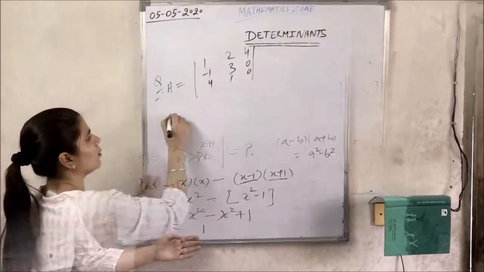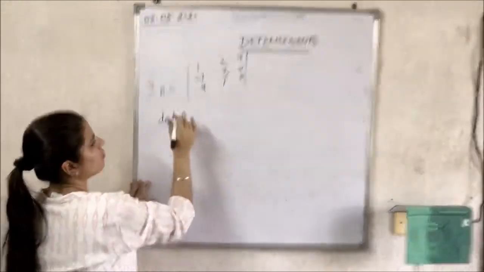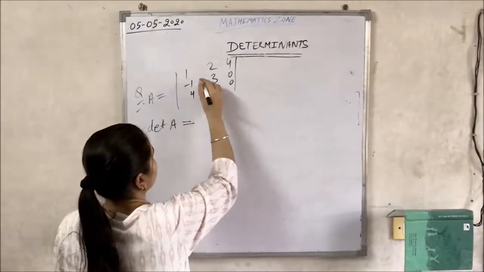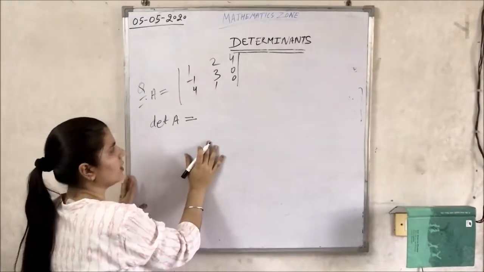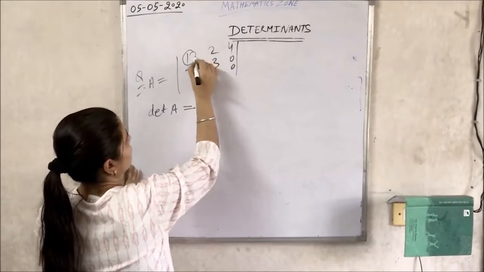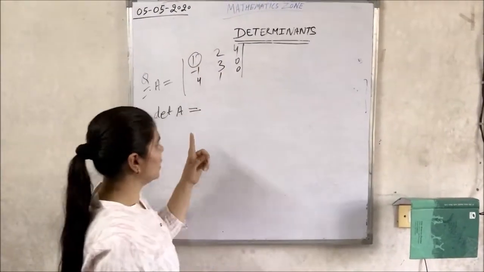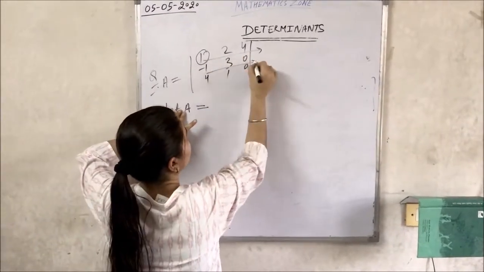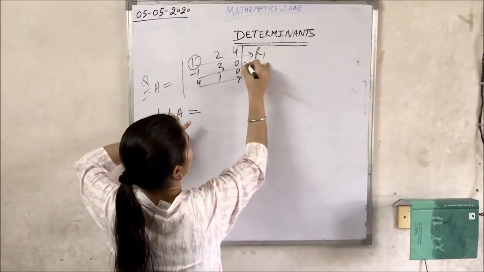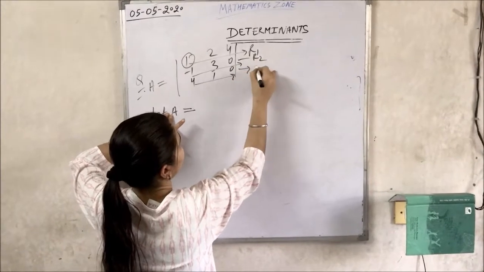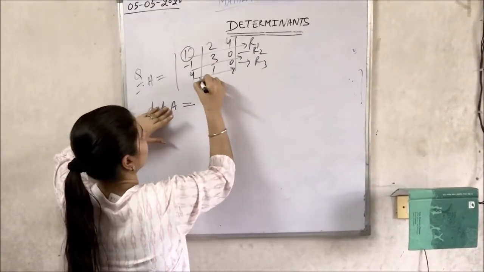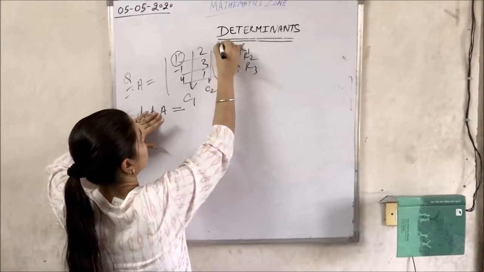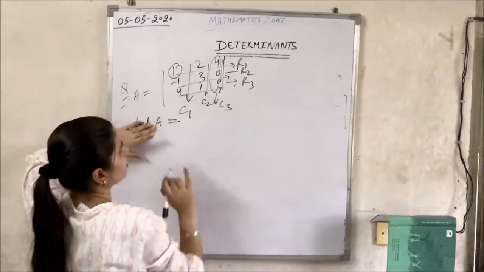Now I am going to solve the determinant of A of order 3. To solve it, one thing you should keep in mind is that these are termed rows. So this is row 1, this is row 2 and this is row 3. In a similar way, this is column 1, column 2 and column 3.